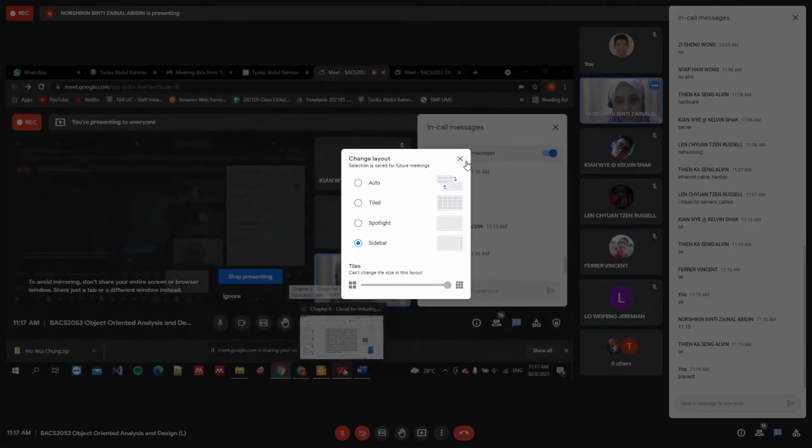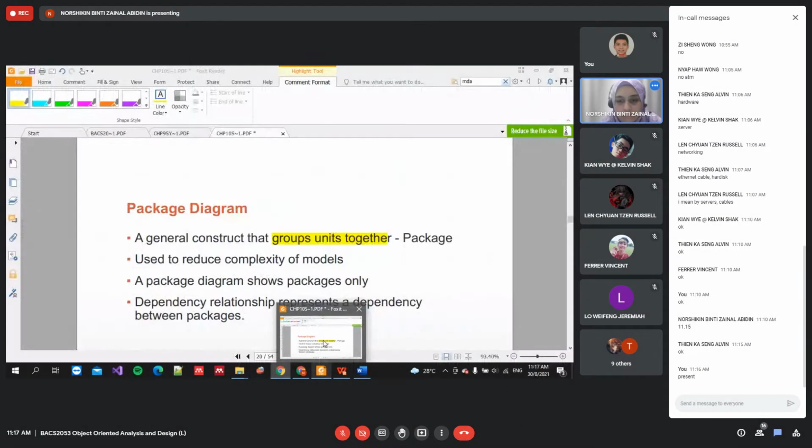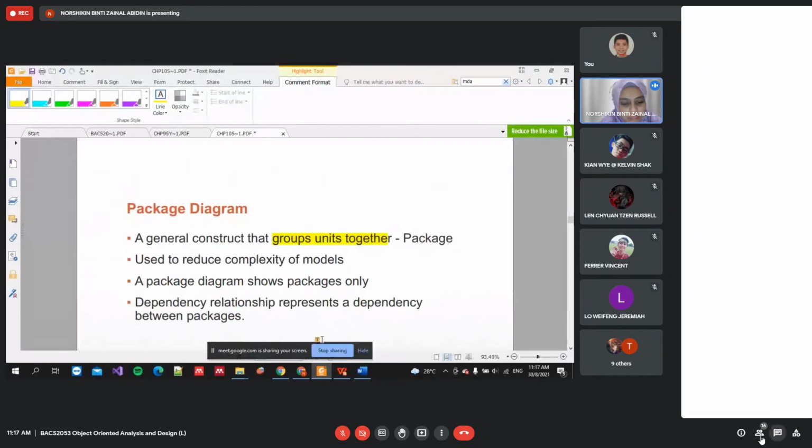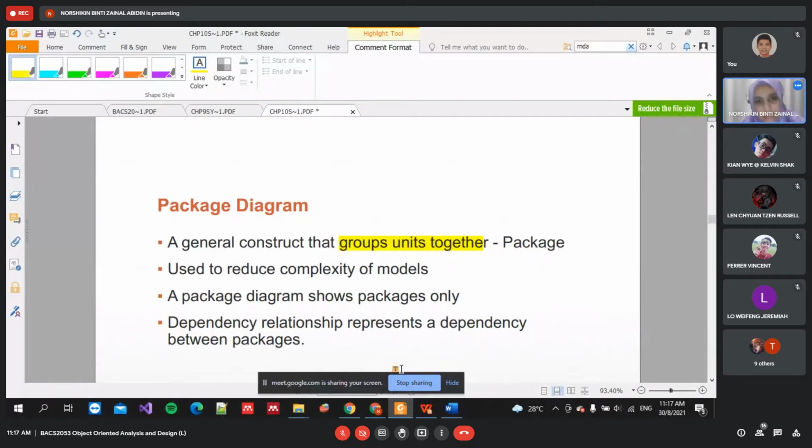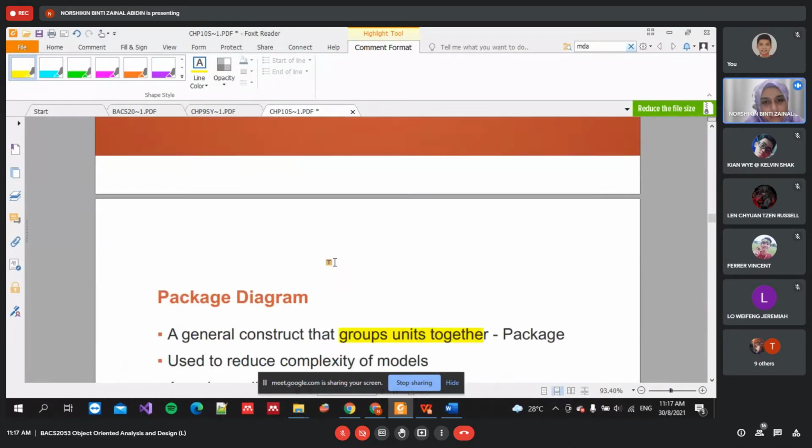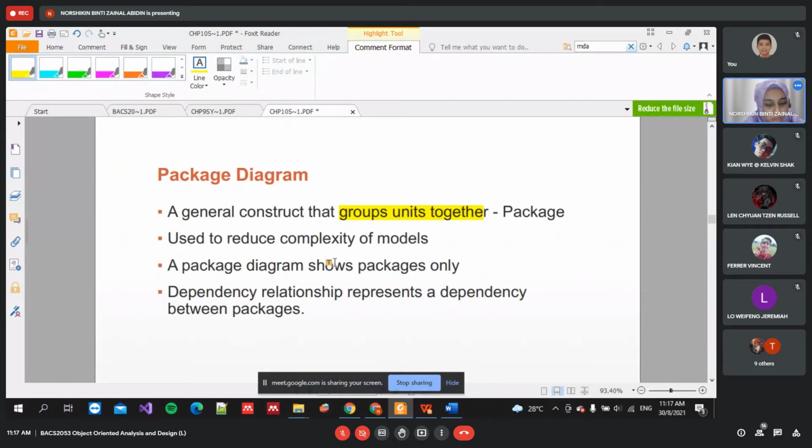Okay, I repeat. There are a few more diagrams, so we will look into the first one, which is our package diagram.